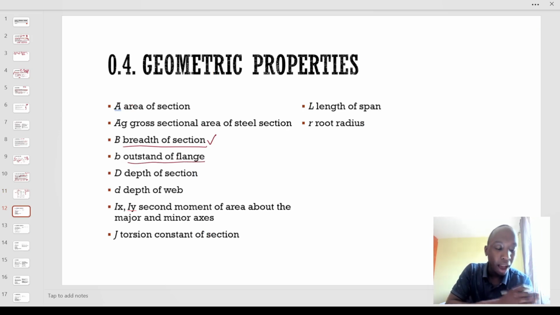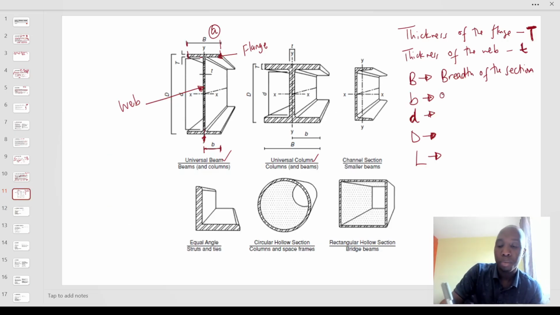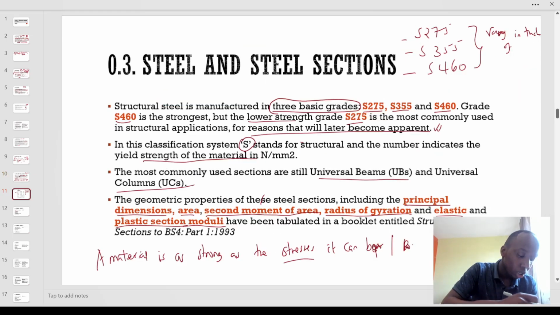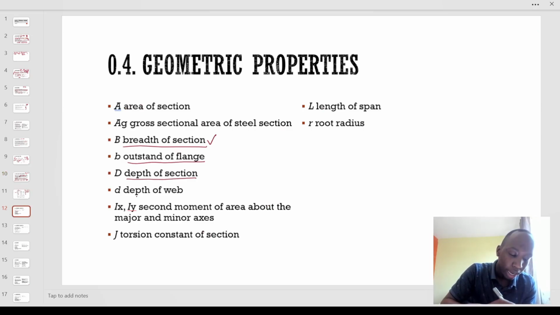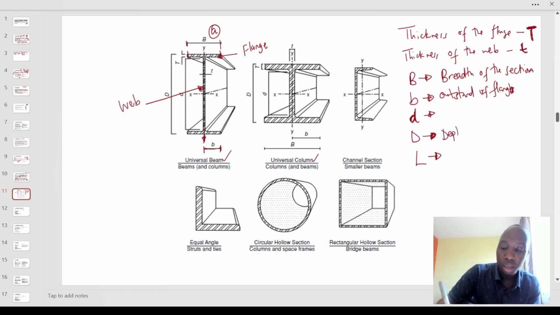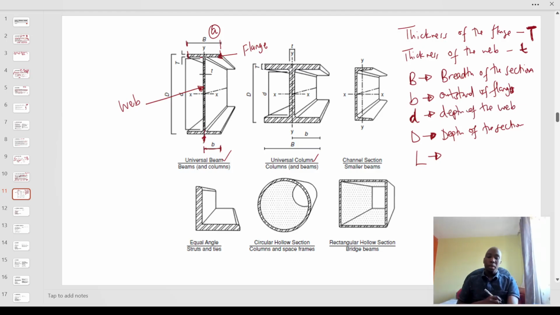In other words, it's half the breadth. So let's just write here: outstand of flange. D will be the depth of the section, and small d is the depth of the web. So this is the depth of the section, and this is the depth of the web.